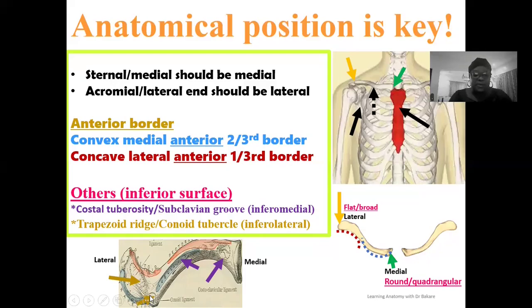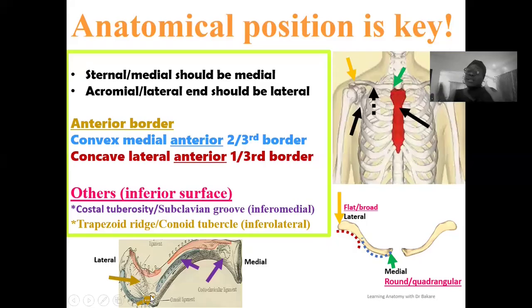This conoid tubercle and the trapezoid ridge are seen at the inferior surface of the lateral 1/3. And this is what is projected here in this image. The conoid tubercle is what creates the insertion point for the conoid ligament. So it is important that we also check that these two projections are placed in their correct anatomical position.